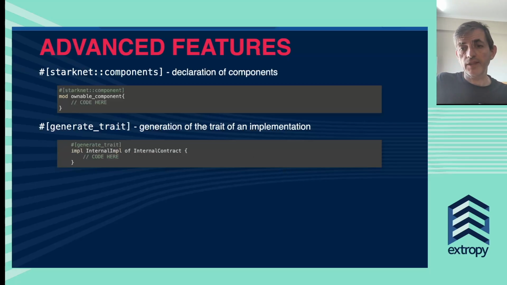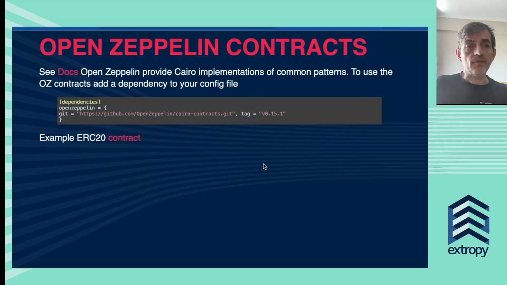Okay, so going on, OpenZeppelin contracts. I'm sure you're aware OpenZeppelin provide implementations of Solidity contracts for common patterns. They also provide Cairo implementations for common patterns. To use these, we simply need to add a dependency to our config file.